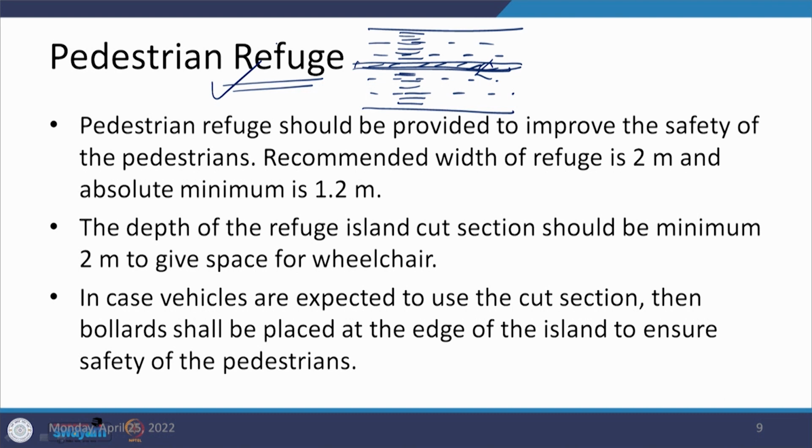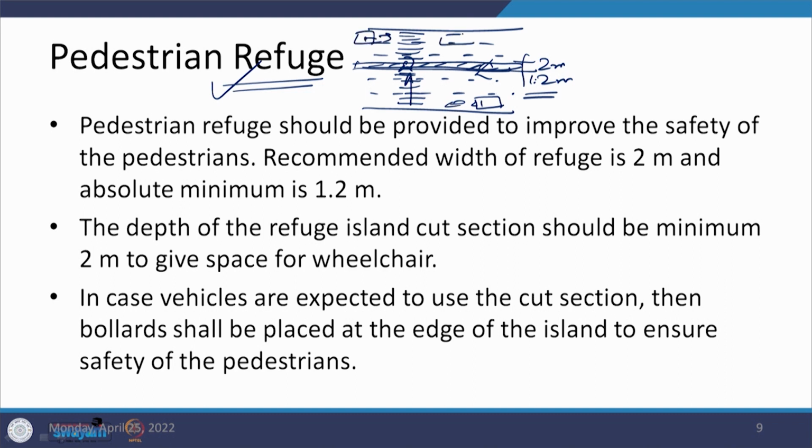What it says is that if you are having this median, then this median can be 2 meters and, at the absolute minimum, 1.2 meters wide, so that it can house a pedestrian who has crossed from this side and is now waiting at this particular location while the traffic is continuously moving. So, the traffic has been moving like this and like this.